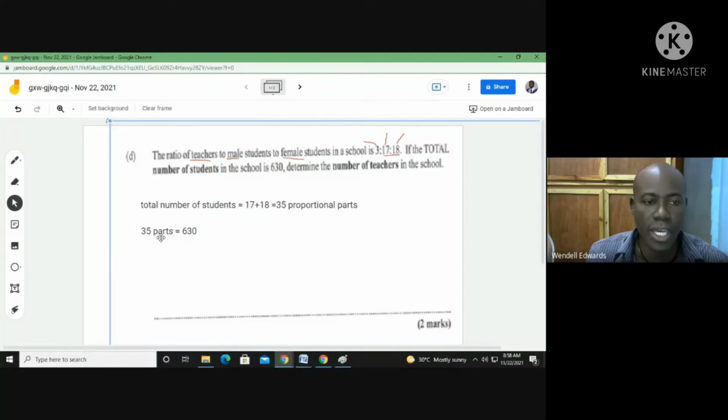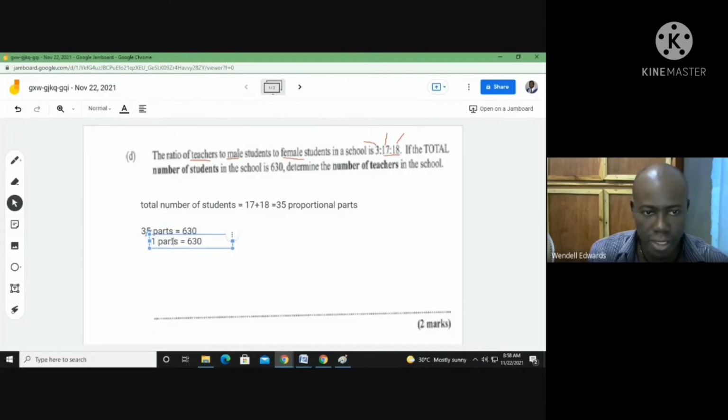From this, we can easily find one part. One part is going to equal that 630, and we're going to divide that by 35. I am getting 18. So one part is 18 people.